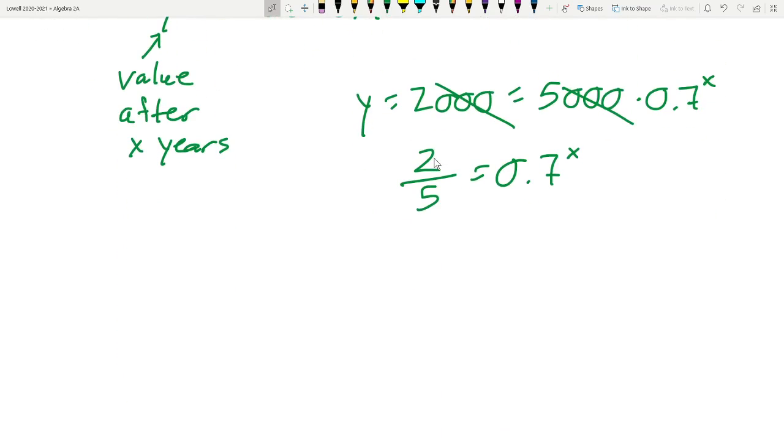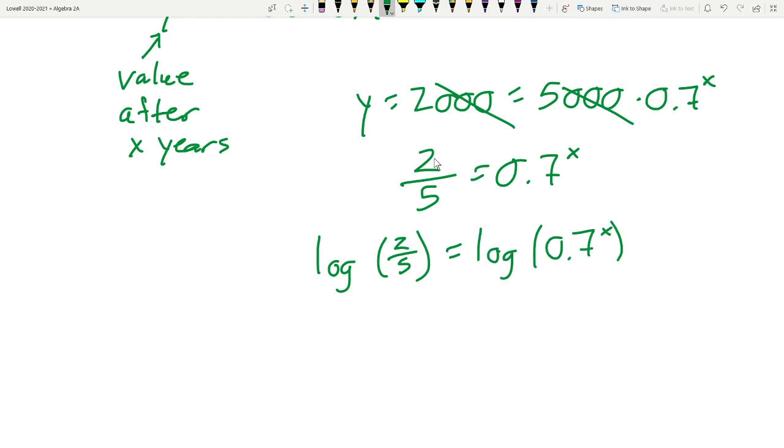One way is the change of base property, but in case we don't remember that, I could just take the logarithm of both sides. Because my calculator can only handle base 10, I'm going to use log base 10, which is implied if I don't write it in.